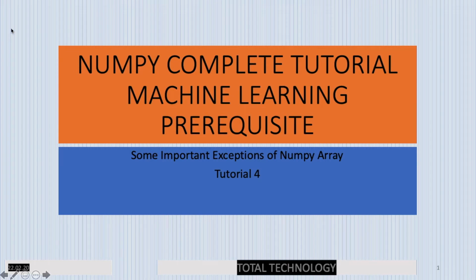So I thought of creating this tutorial to give you a very detailed understanding of these exceptions. Just follow along with me carefully and try to understand the concepts deeply, or else it will be really difficult for you to work with Numpy arrays in the future.